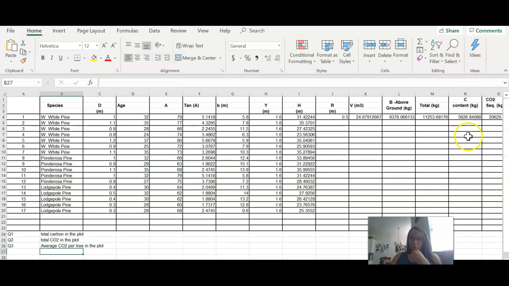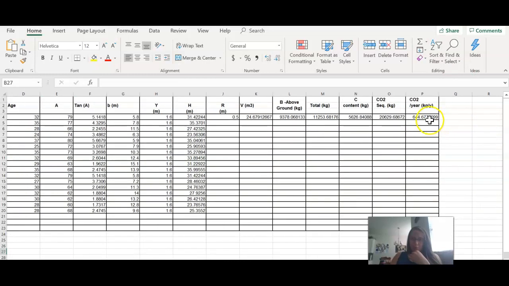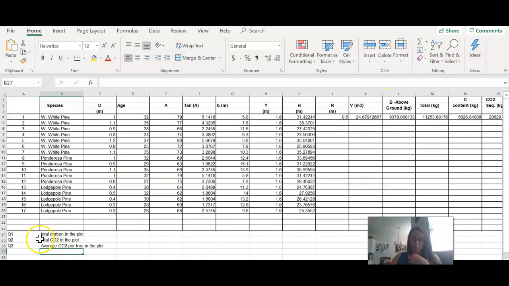What you need to do is find the summation of the CO2 sequestered for all the trees, which you already have. It's going to be the answer for question 2. And then you have to find the average for that. Once you have this number, divide it by 17, which is the number of trees that you have on the plot, and that's going to give you your answer for question 3.